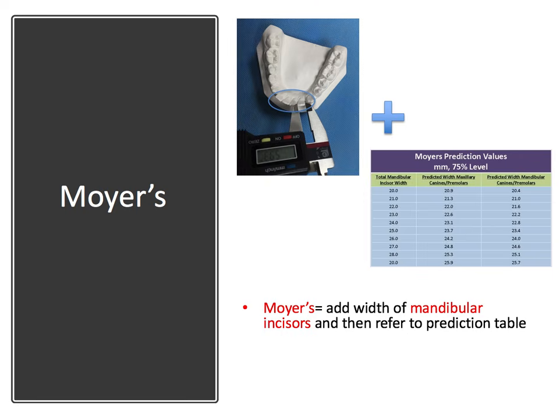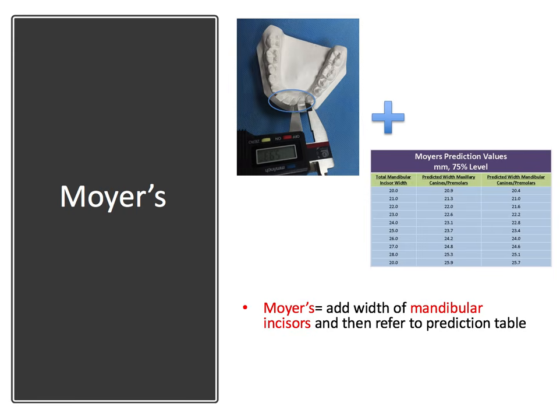The Moyer's space analysis uses the same kind of measuring. You need to get the width of those lower 4 incisors, but this time we don't need to use a calculator, we simply refer to a prediction value table.